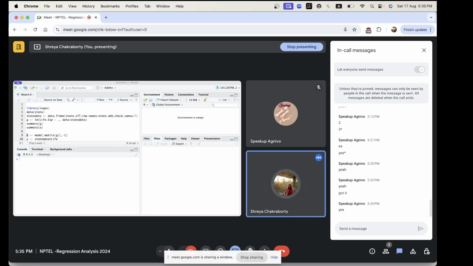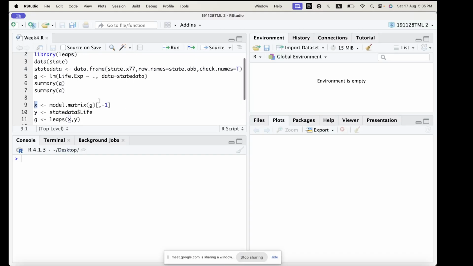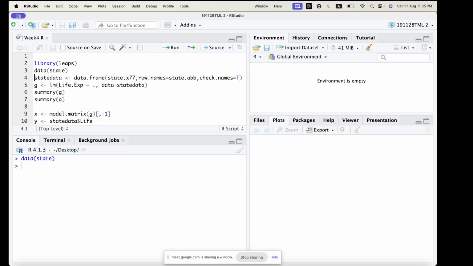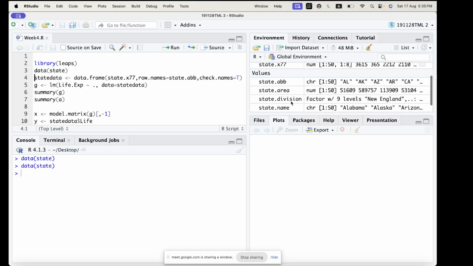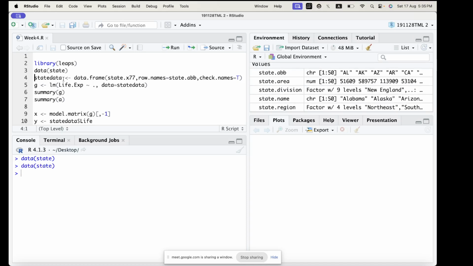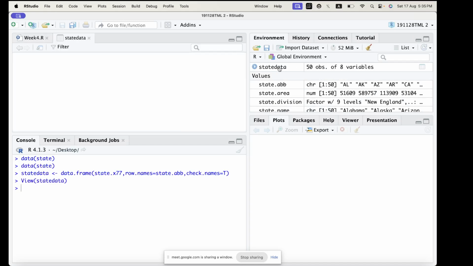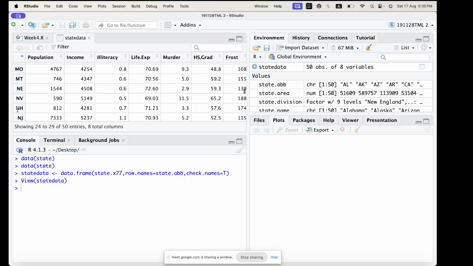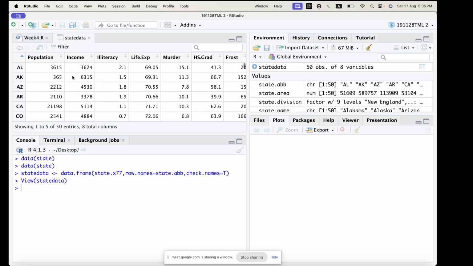Yes. Okay, so here first consider this data. So here we have this data on different states in the US. Our response is life expectancy.